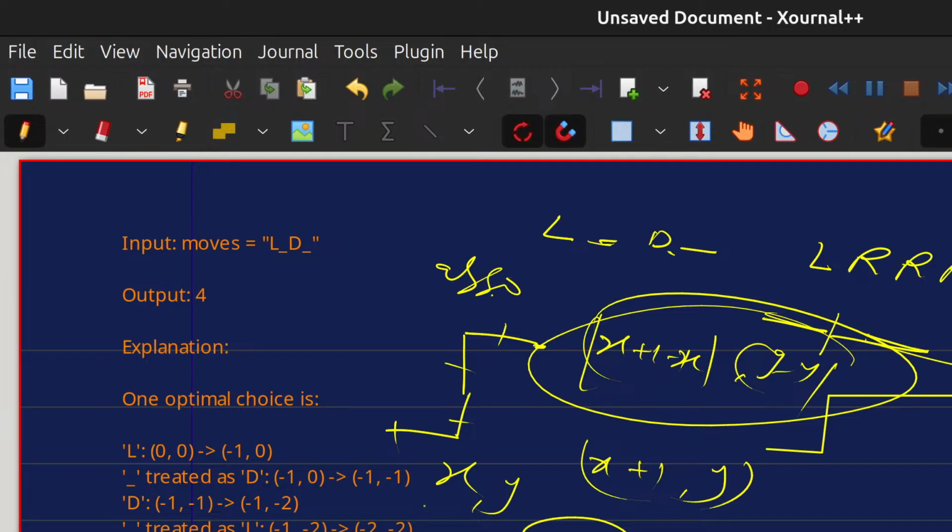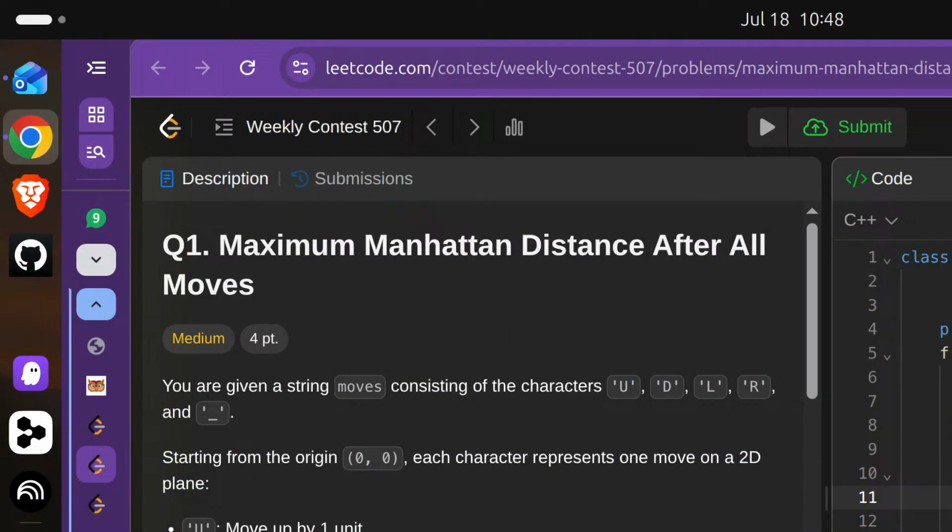I don't have to return 0 in this case. What I have to return is the absolute difference of x minus 0 plus the absolute difference of y minus 0.